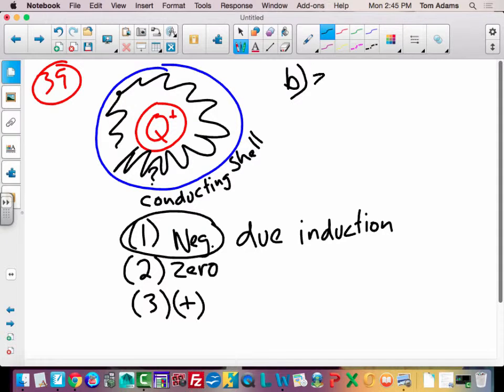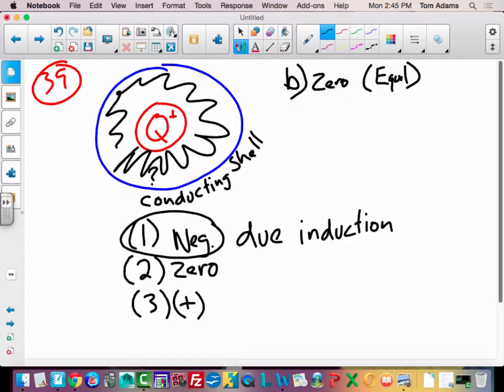Well, it should be 0, right? Since all excess charge resides on the surface of the conductor and it's at electrostatic equilibrium. Equilibrium means that there is an equal number of positive charges and negative charges, so the net charge should be 0. Then part C of the question says, what about the surface of the sphere?